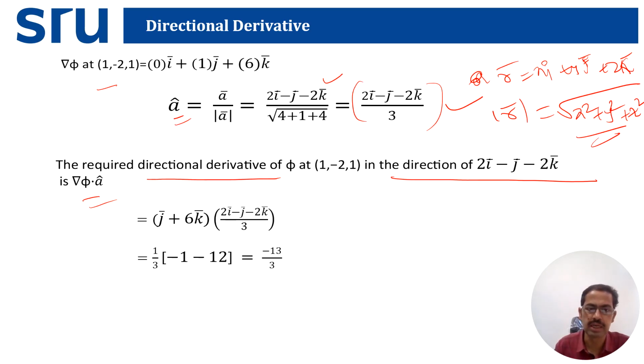So j dot j is 1, and for k dot k, 6 times minus 2 is minus 12. Here there is no i bar component, so that is 0. So this is equal to minus 13 by 3. This is the directional derivative of the scalar point function phi at the point (1, -2, 1) in the direction of this a bar.